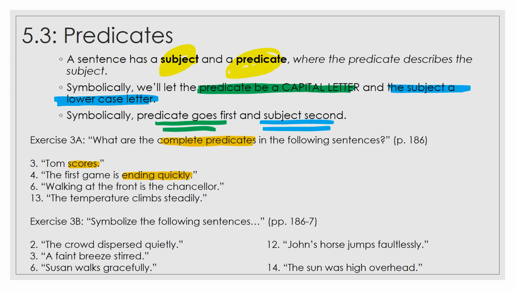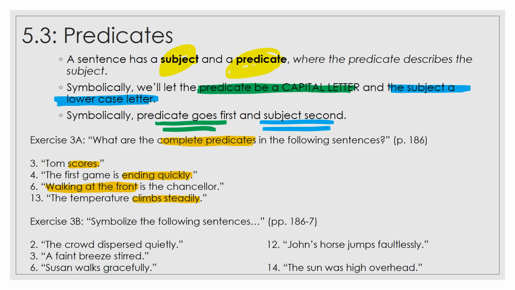Number 6, walking at the front is the chancellor. In this case, chancellor is definitely the subject, so walking at the front is the predicate. Number 13, the temperature climbs steadily. The temperature is the subject, climbs steadily is the predicate.